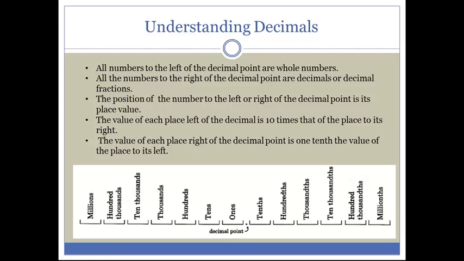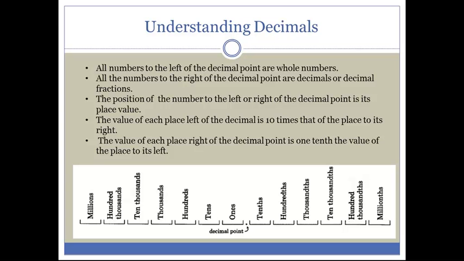When I say round to the 100th, you want two places after the decimal point. If I say I want a whole number, I don't want anything after the decimal point. It needs to be all before the decimal point, okay? The value of each place left of the decimal is 10 times that of the place to the right.